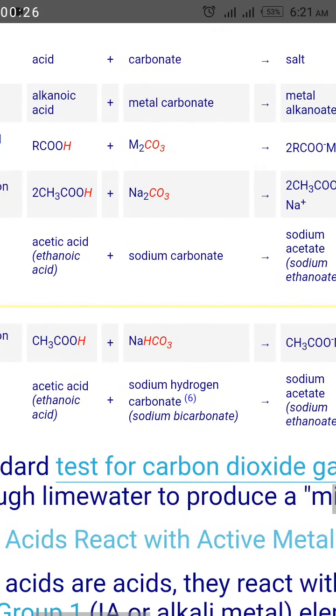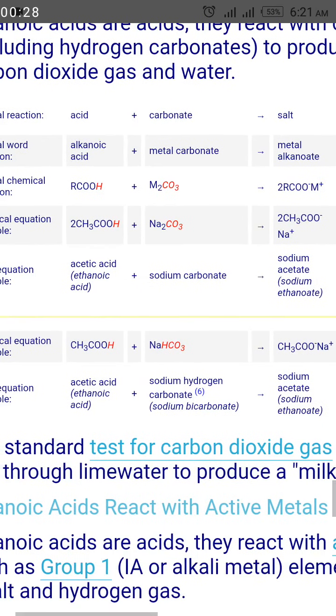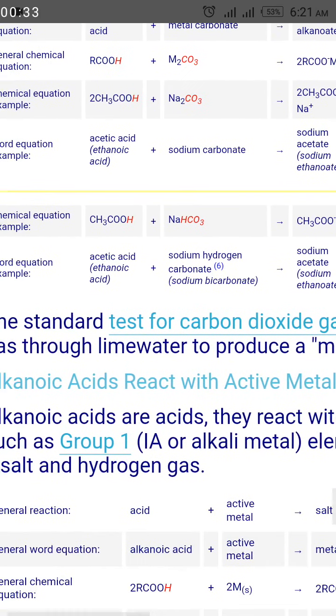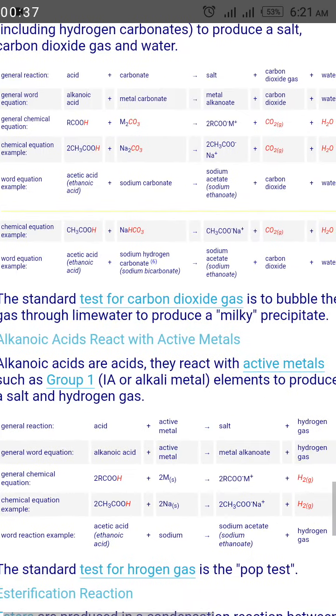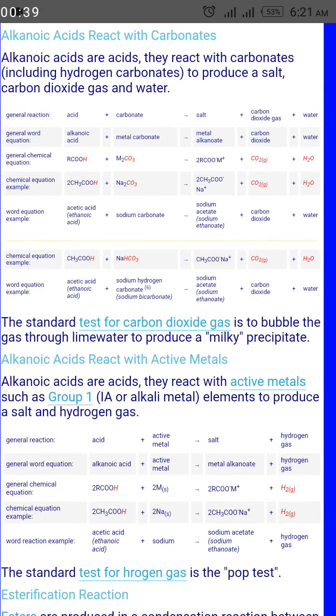So that is how the reaction occurs between carbonates and carboxylic acids. The standard test for carbon dioxide gas, as you all know, is to bubble the gas through lime water to produce a milky precipitate. That will confirm that CO2 is formed, because it is not visible, we can only test its existence.